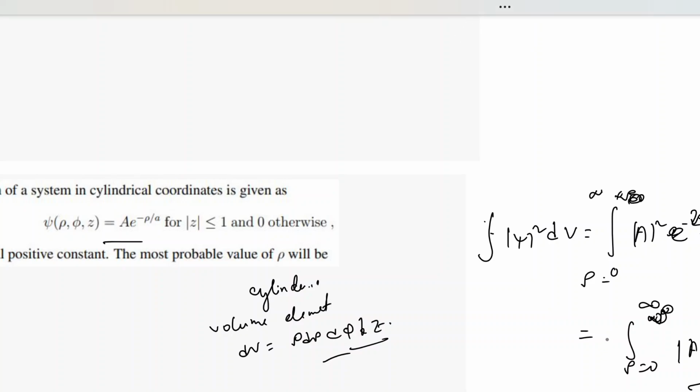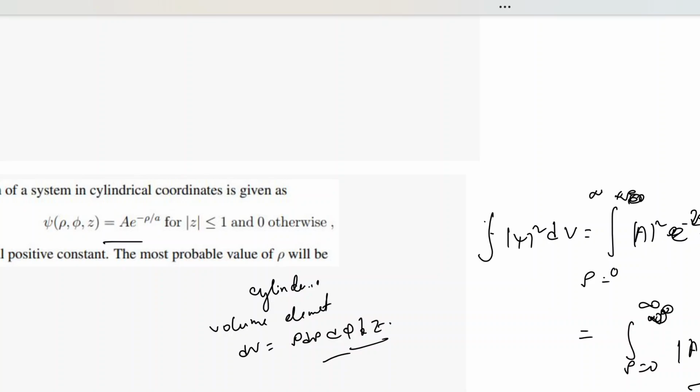So the probability of this thing has only rho dependence, rho e to the power of minus 2 rho by a. Okay, so for it to be maximum, the derivative is 1 times e to the power of minus 2 rho by a plus rho times minus 2 by a e to the power of minus 2 rho by a equal to 0.